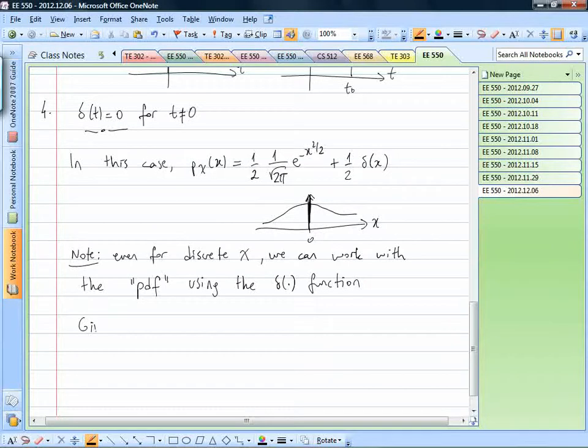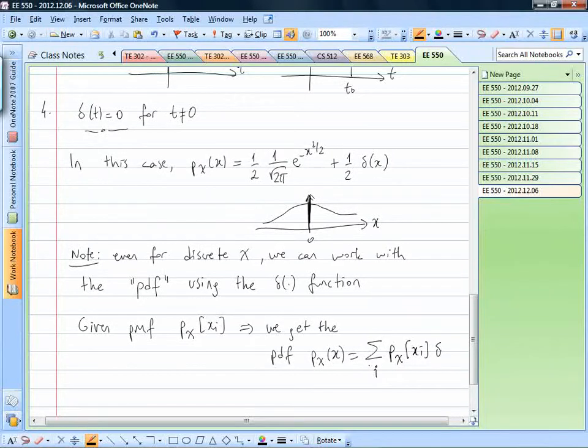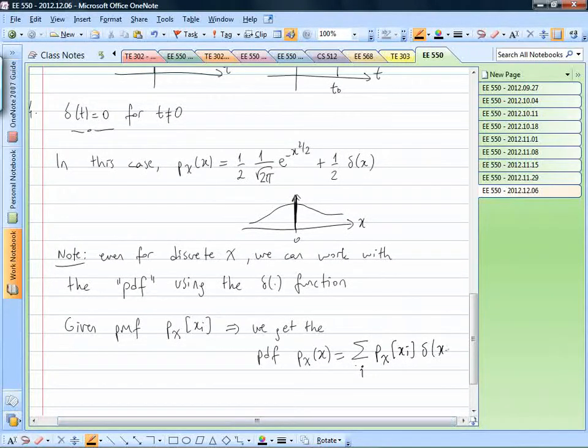Given a probability mass function for a discrete x, p sub x of xi, we can get the probability density function for the same variable x, which is equal to the sum over all possible values of i of p sub x of xi times, now we need to put a delta function at each point mass, delta(x minus xi).